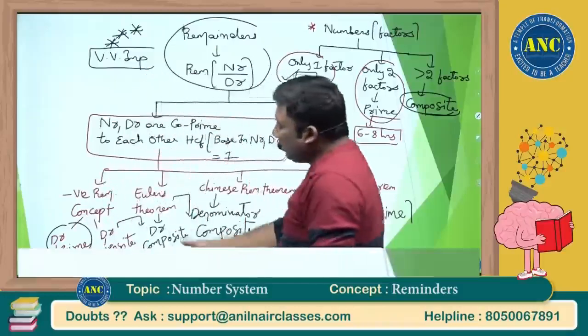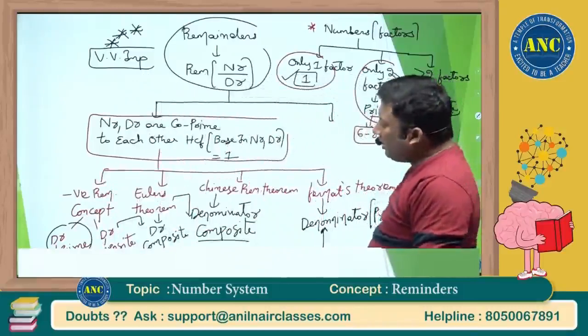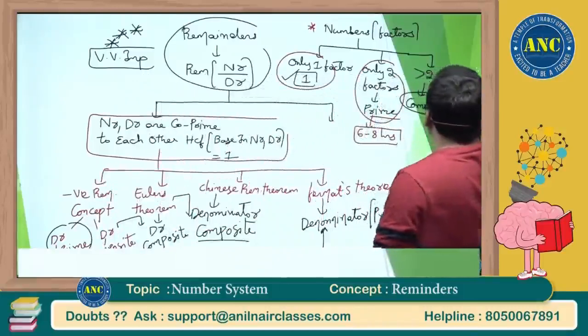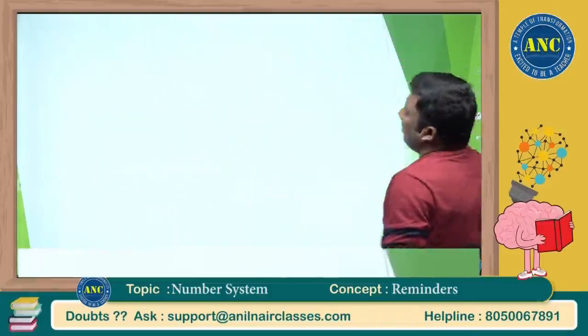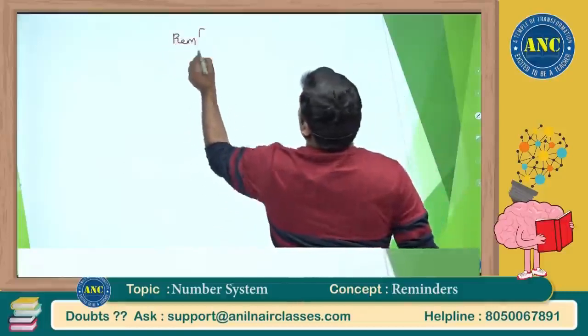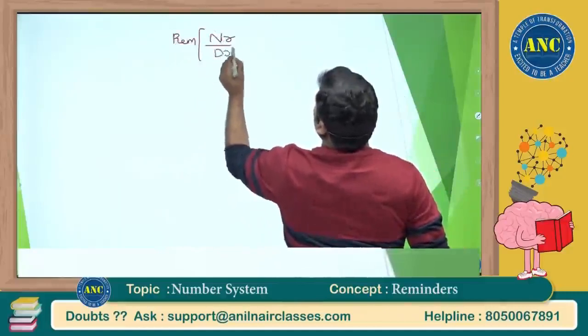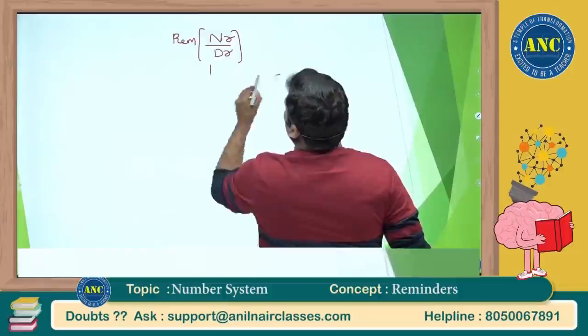What will happen if the denominator is a prime number? What will happen if the denominator is a composite number? See here, sir. Remainders: slowly, concept by concept, not a single doubt, you will get it in the class. Numerator by denominator.